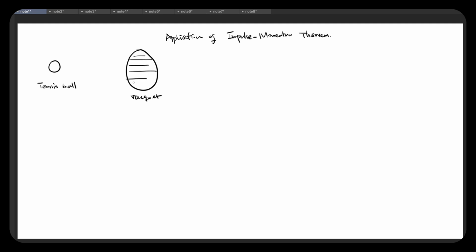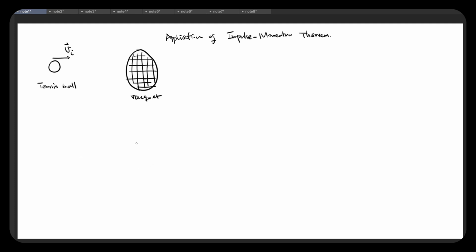Let me draw a schematic picture to represent these two objects. Okay, so here's the net of the racket. Now we have a tennis ball that flies in with some initial velocity. Let's call this Vi before it hits the net.